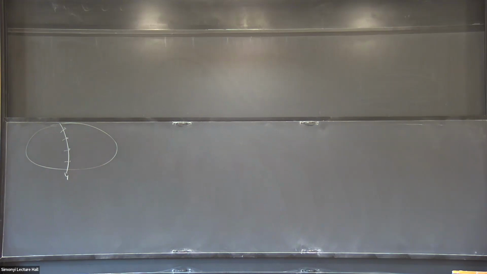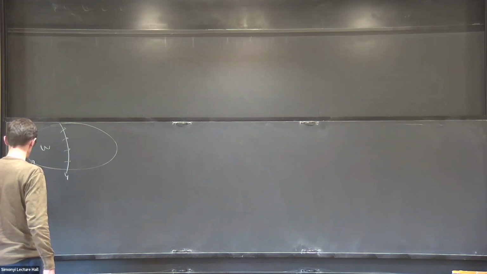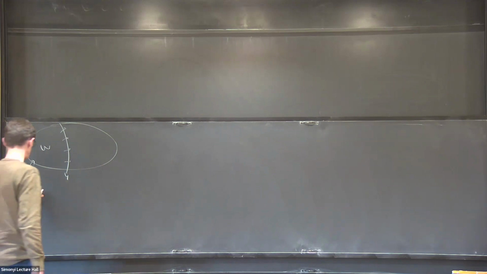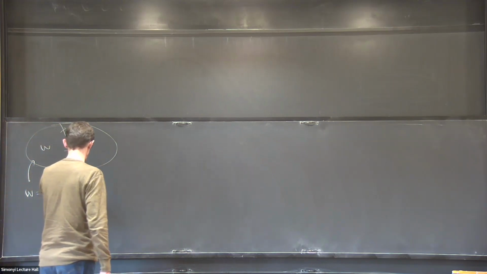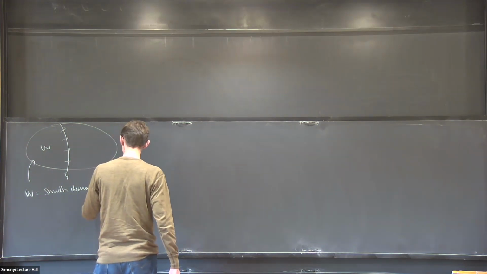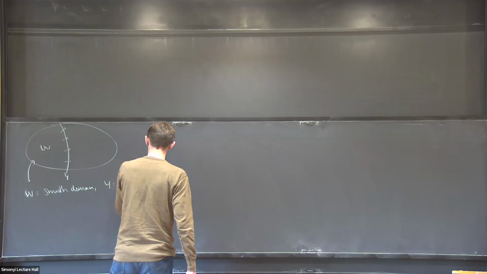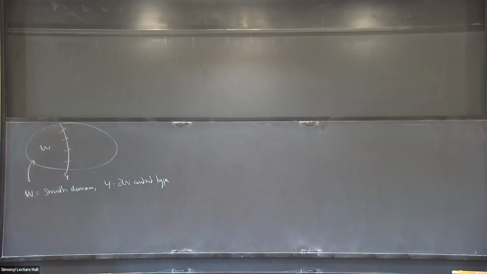And in that case, if you have a smooth domain in your manifold with contact type boundary, that's what I'm going to mean by saying that W is symplectically convex.